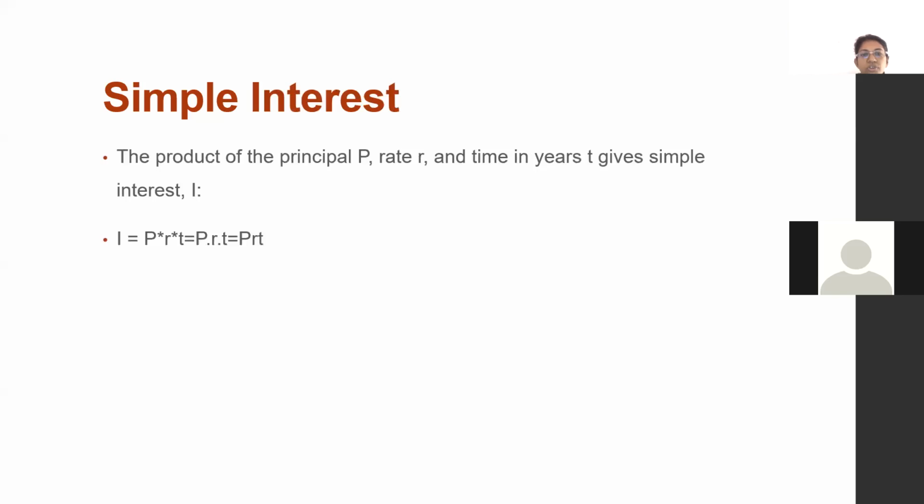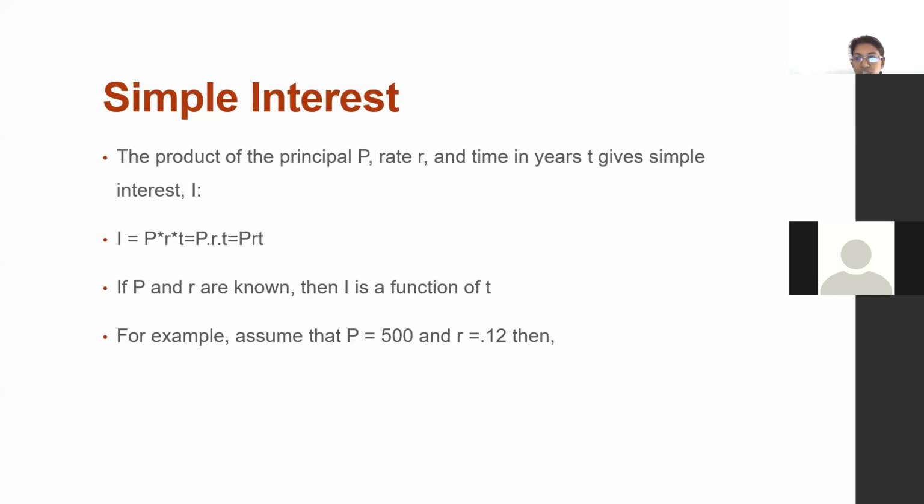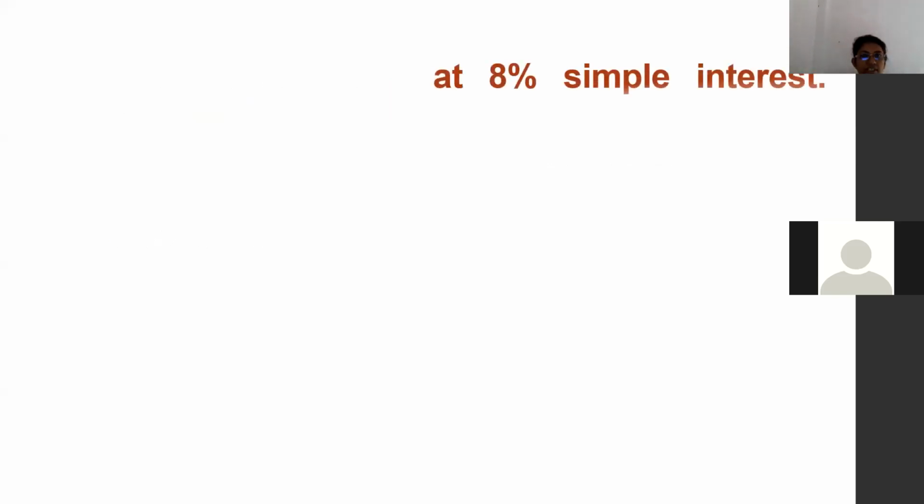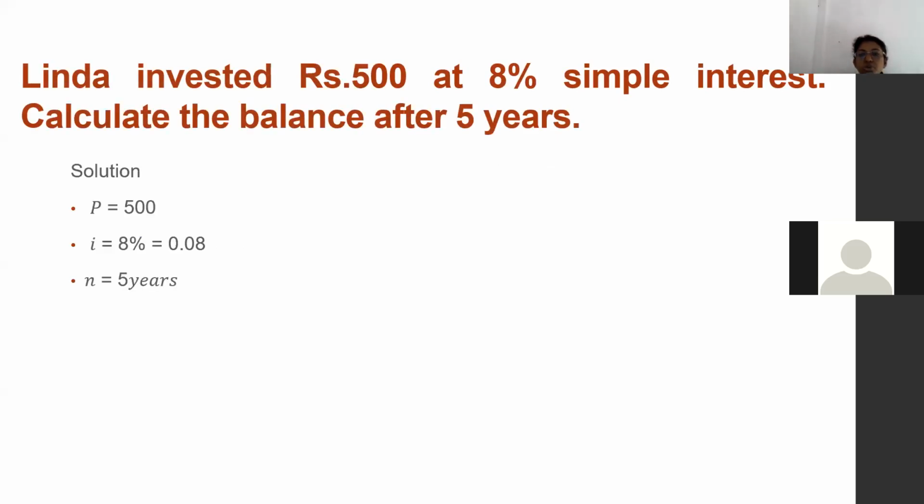Now we'll move to the formula. The formula is I equals P into R into T, in other words, PRT. If P and R are known, then we can write it as a function of T by substituting the values of P and R. We have learned some questions on how to do the calculations.